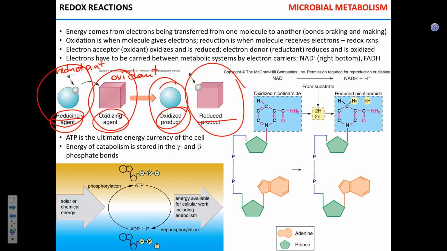Does that make sense? If we represent it in a simple graph like this one, if you go from this to this, the energy is going to be released. But if you want to form the bond back, you will need to put energy in. Does that make sense?